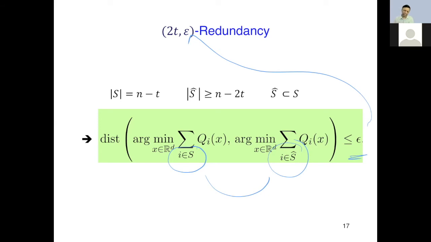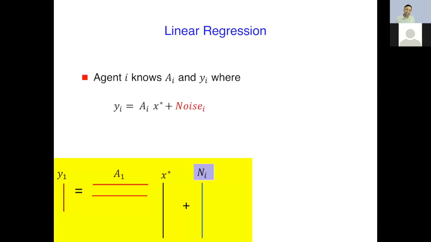So in some sense, n minus 2t agents suffice to estimate approximately the argument for the entire set S, or the aggregate cost over the entire set S. For the exact case, the 2t redundancy required that this epsilon was effectively 0. I won't do a numerical example, but this is a setting where this so-called approximate redundancy may be available.